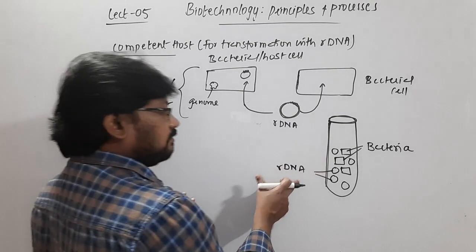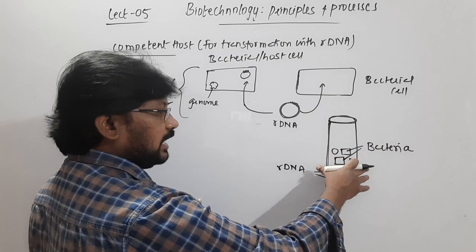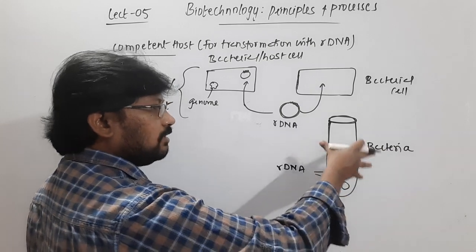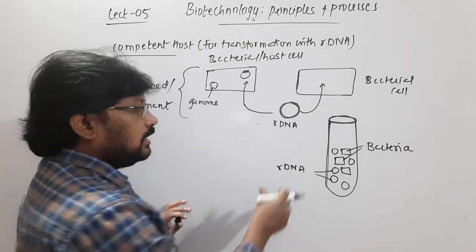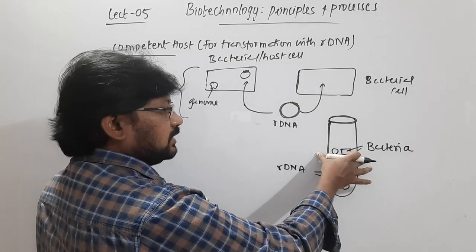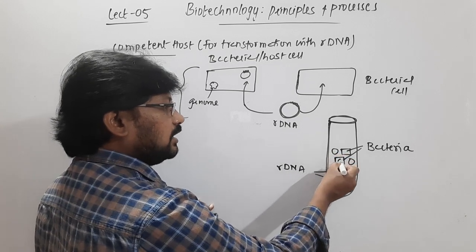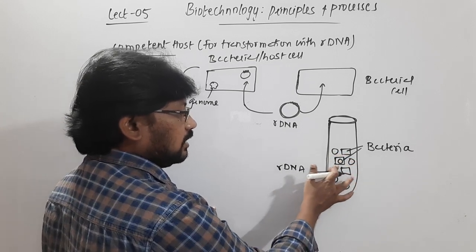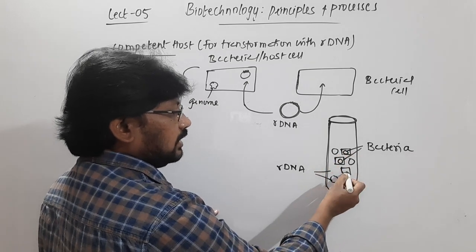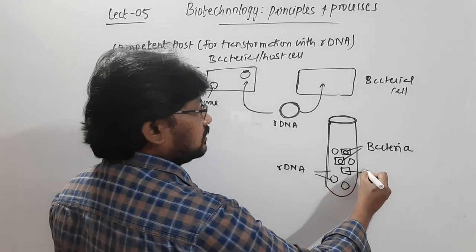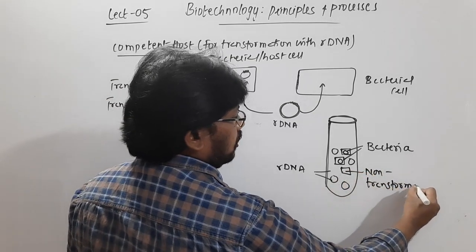I told you that when I'm taking the rDNA and bacteria together, and I follow those methods I'm about to discuss, what happens even after following those methods is that some bacteria, say this bacteria has taken this rDNA and this has also taken it, but you can see there is a bacterium that did not take it. So this is called a non-transformant.